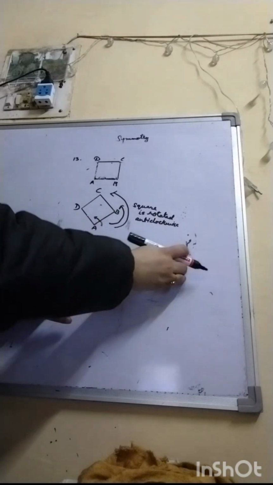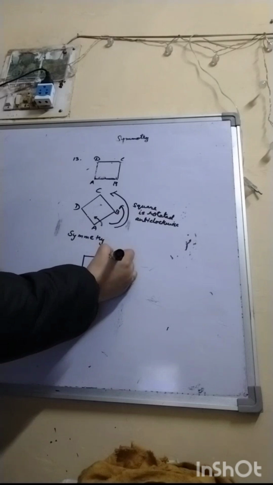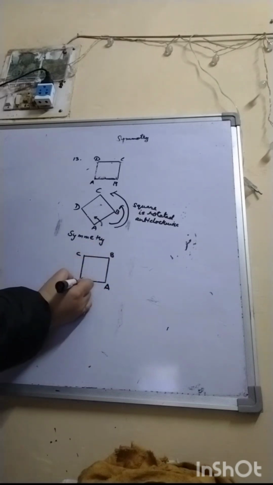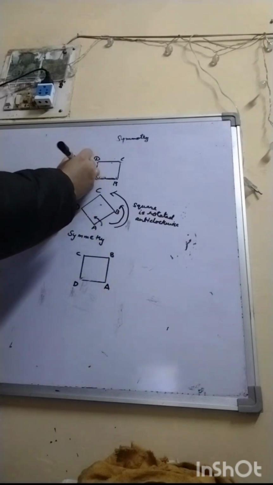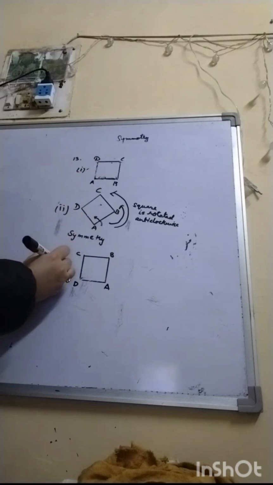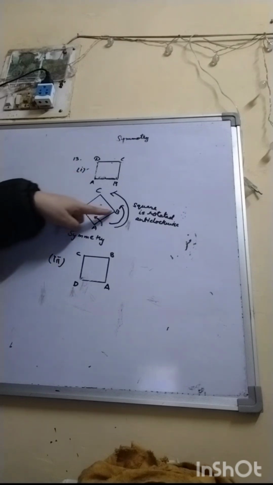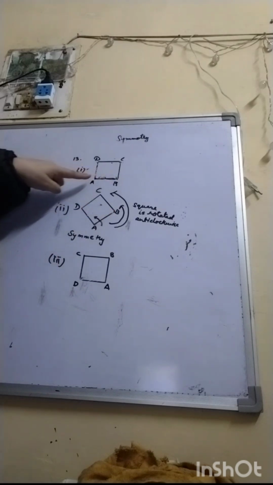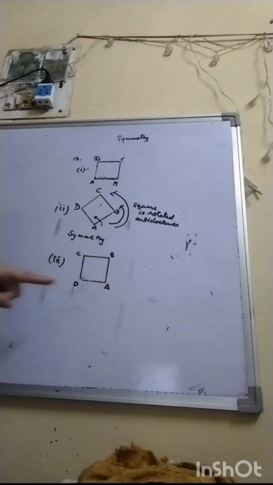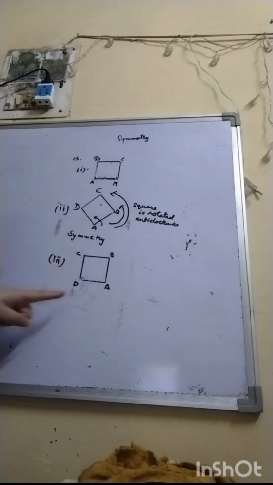Now here this is AB and this is CD. So what can you say about the first figure? This is the first figure, this is the second figure, and this is the third figure. What is the difference between first and third? Here AB is horizontal, here AB is vertical, here CD is horizontal, CD is vertical.